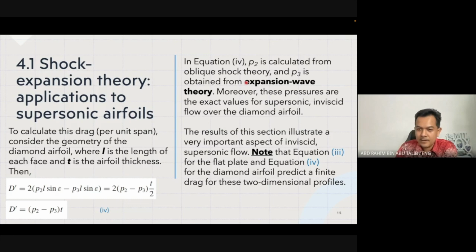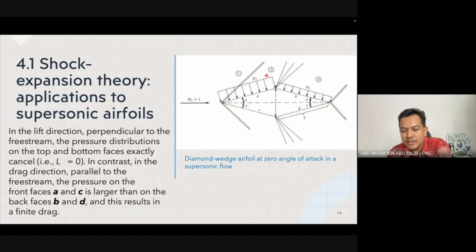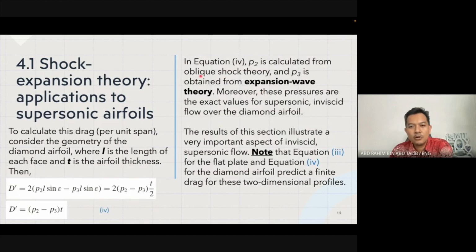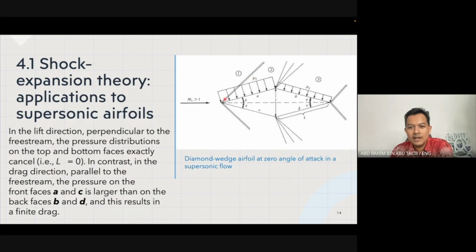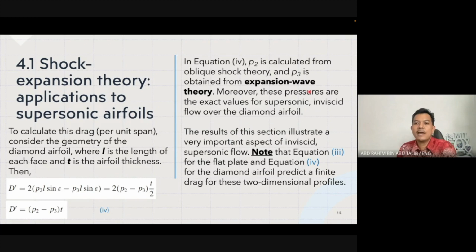The pressure in front, P2, is obtained from the oblique shock theory because the flow experiences an oblique shock, and the pressure at region 3 is found using the expansion wave because there is an expansion wave happening at that position. These pressures are the exact values for supersonic inviscid flow over the diamond airfoil.